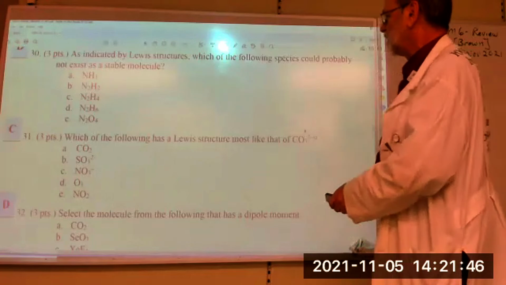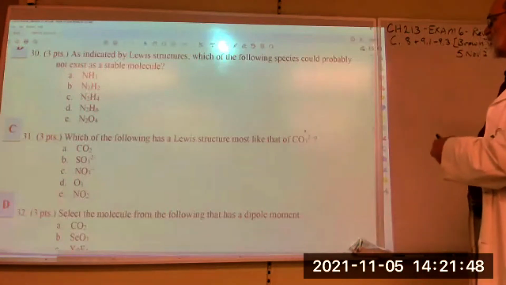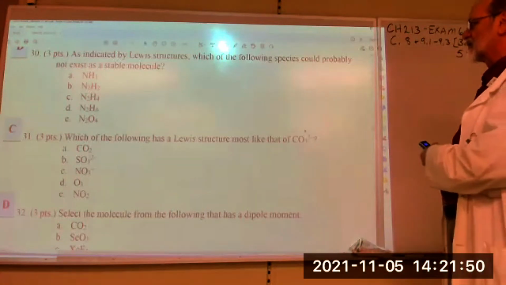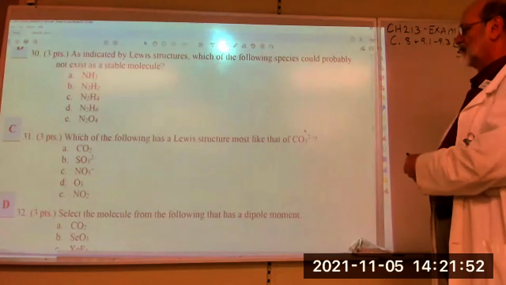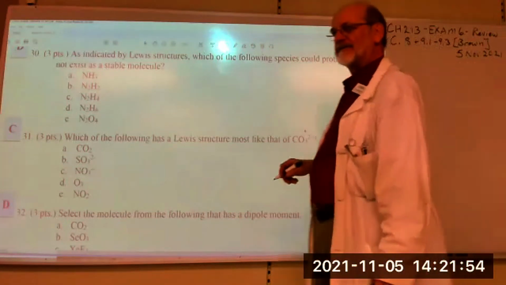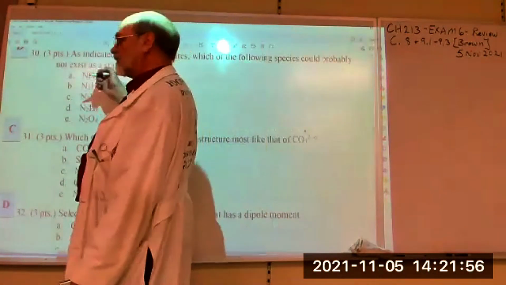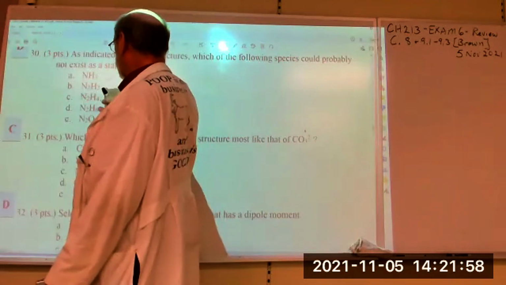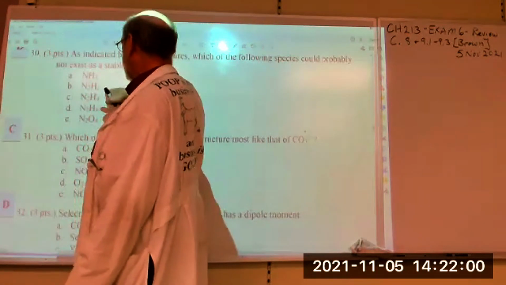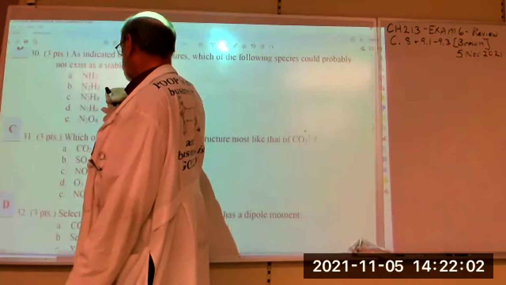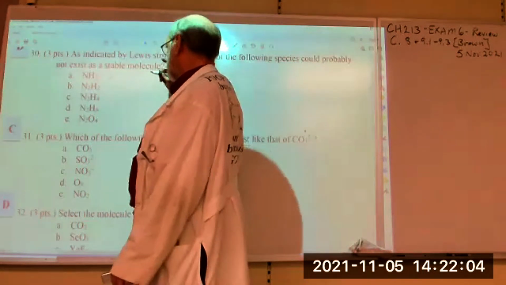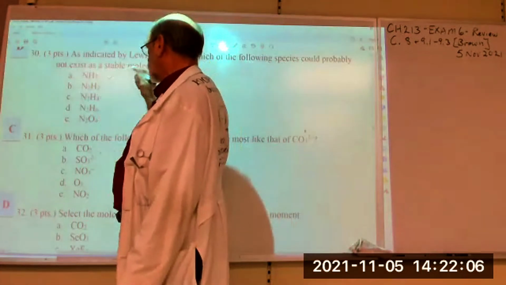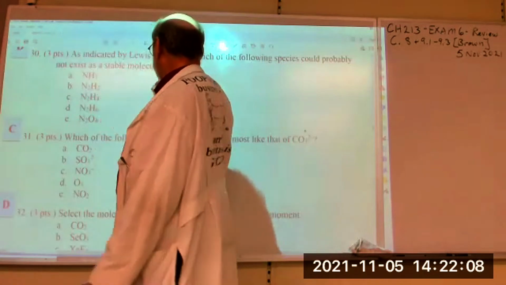As indicated by Lewis structures, which of the following species could probably not exist as a stable molecule? Here we go again. We know ammonia is good, right? We don't even have to do that one. How about this one? N2H2. One of these is hydrazine. I think it's this one. It's hydrazine. Well, let's see.